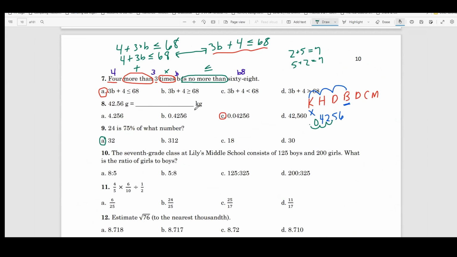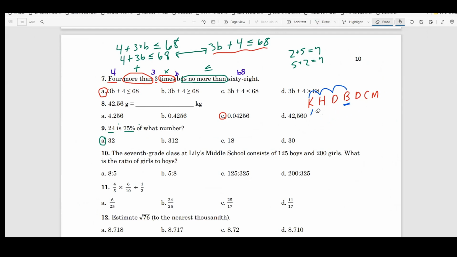They'll always give you 2 values, and you'll be looking for a third. We have 24, we have 75%, and our key indications are the "is" and the "of." That helps us do our setup.